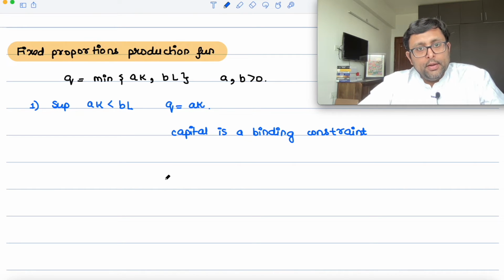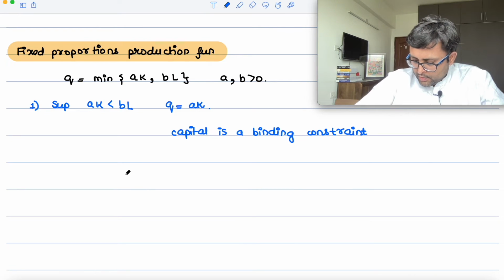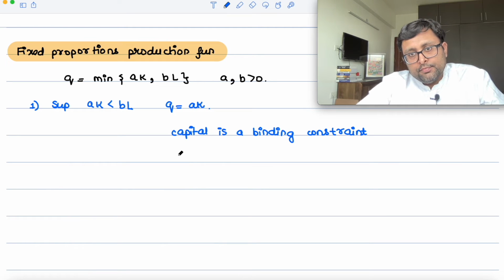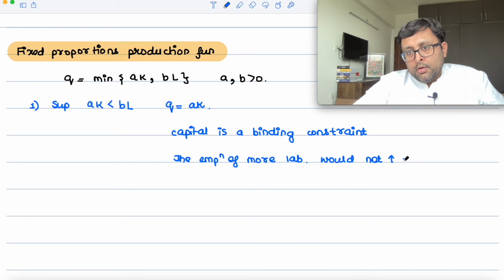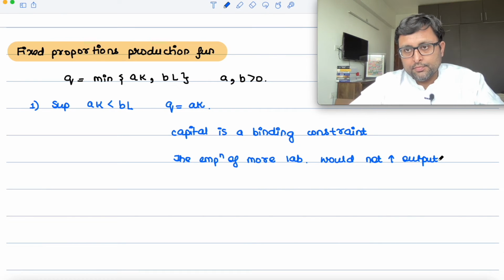So if you employ more labor, but you just have this much of capital, if you keep on just employing extra labor, that is not useful. So that additional labor is not adding any value to the output. So the employment of more labor would not increase the output.